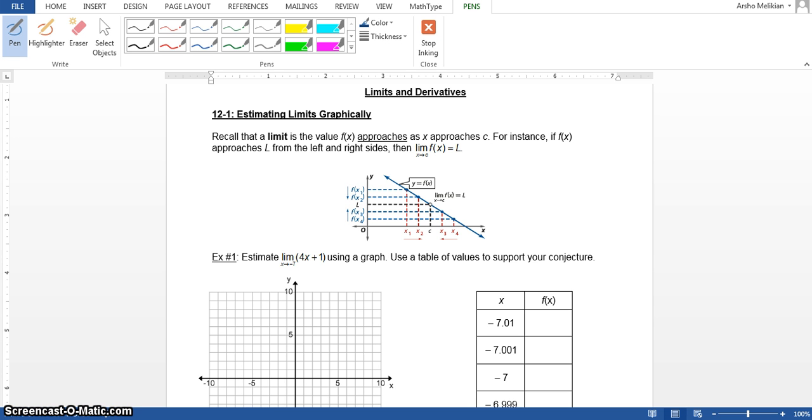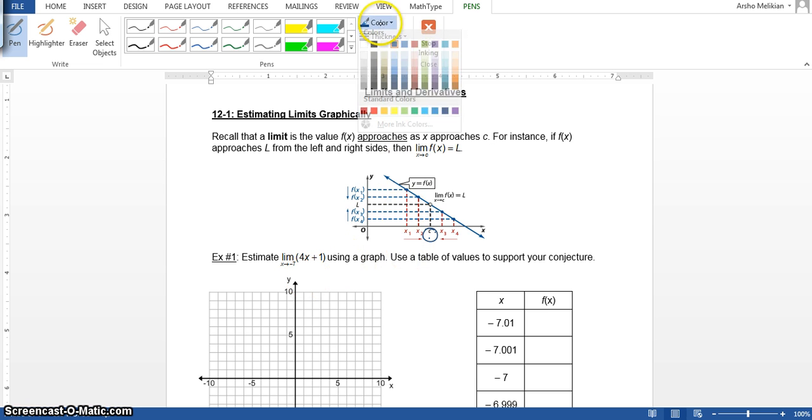So for example, suppose I'm looking at x equals c. As I approach c, I ask myself what value on the y-axis is the graph of f approaching.